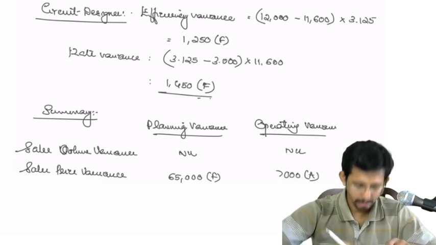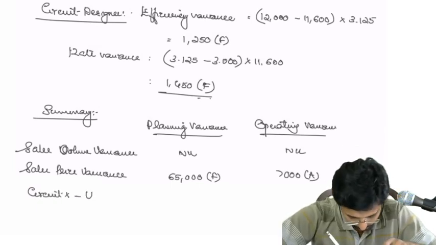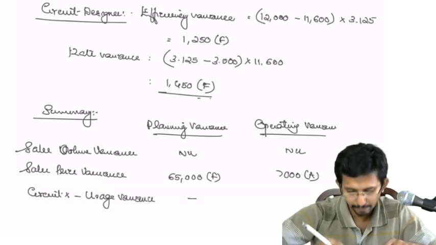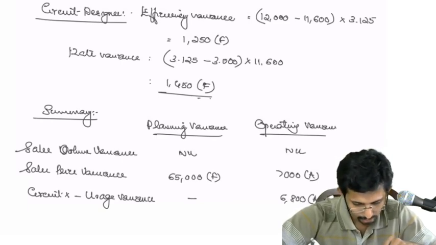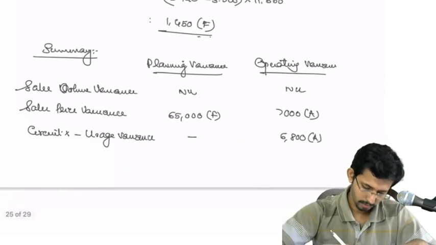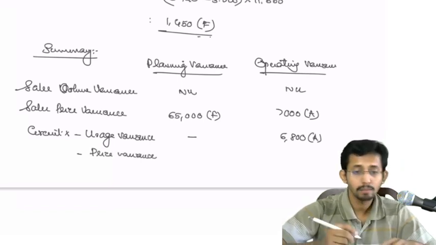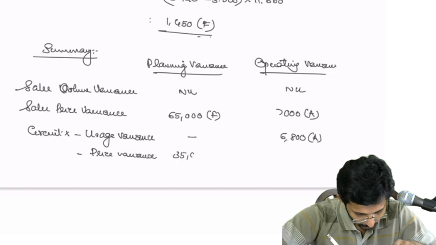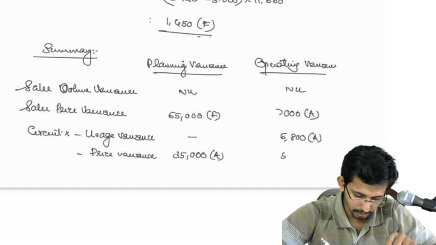Then circuit X or material. Circuit X, you can have usage variance. In planning nil, but operating usage is 6,800 adverse. Now circuit X, then what else? Price variance. Price variance in planning variance is 35,000 adverse, whereas in operational it is 5,400 adverse.